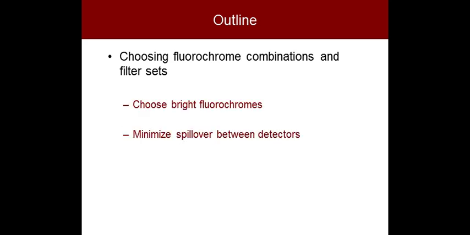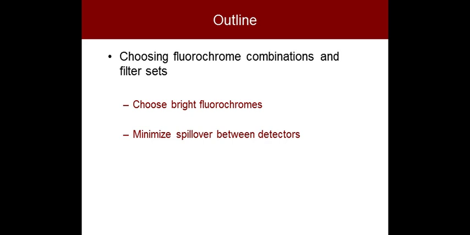All right, so let's start with the instrument. Many of you will probably be using an instrument that's in a core facility, and so you may not actually have the opportunity to do things like change out filter sets. It may be all pre-configured. But that's okay. What you should know is whether you have the ability to run certain fluorochromes, which ones are brighter, and which ones are essentially the best suited to that particular instrument.